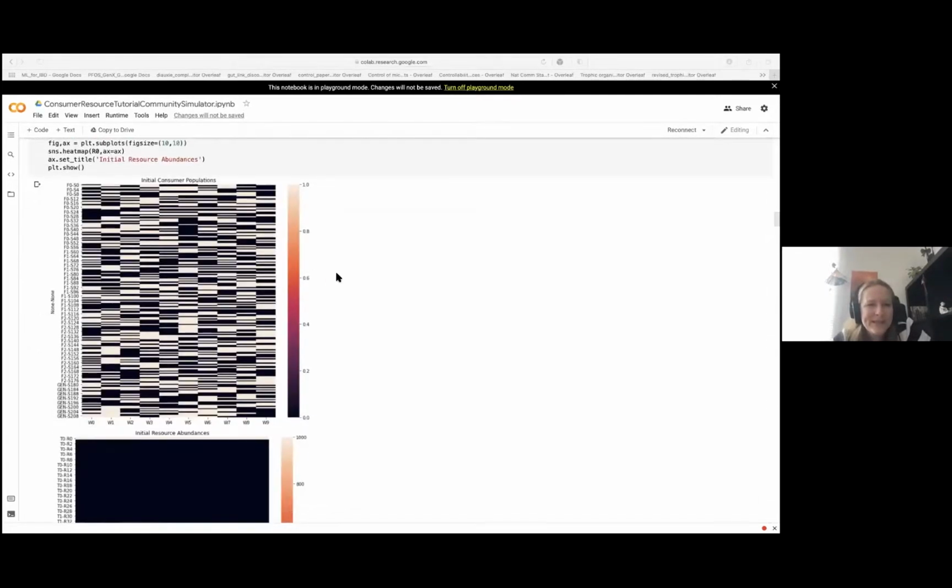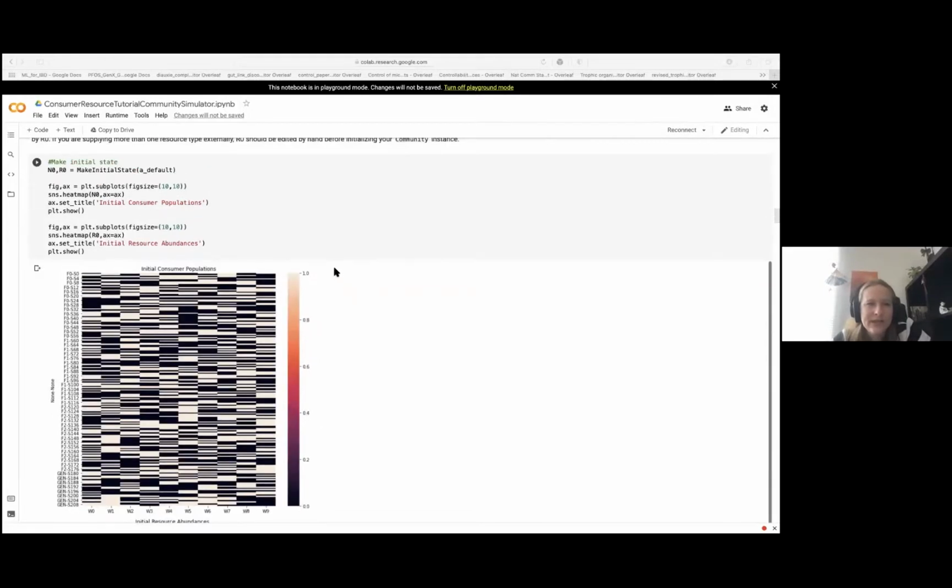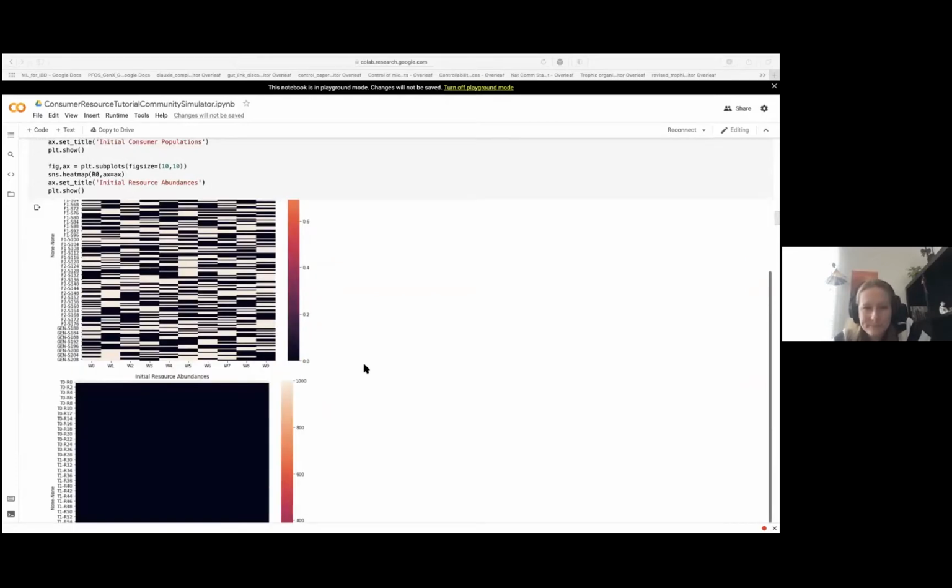So basically, this is an example of how your initial state can look like under the sampling procedure. Each column here shows you a separate well, and white color shows whether you selected this species to be present in this well or not. Black means you did not select the species.